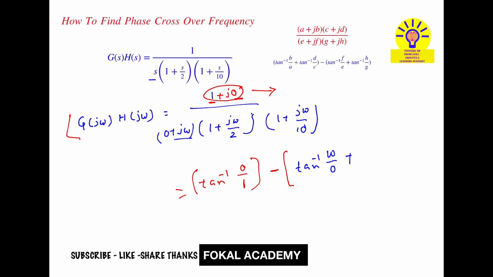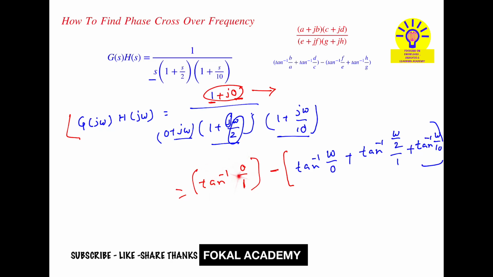Plus, for the next, tan inverse of (omega by 2) by 1. Plus, for the last, tan inverse of omega by 10. Here tan inverse of 0 by 1 means 0.